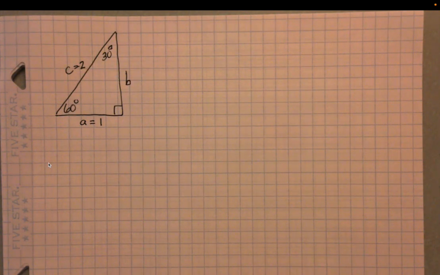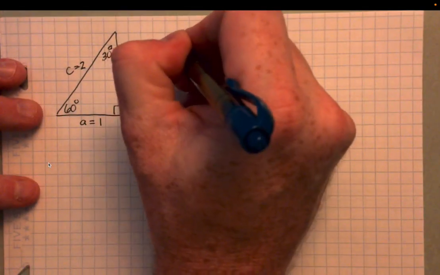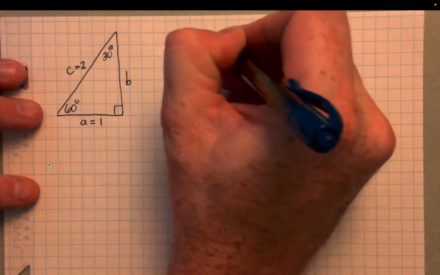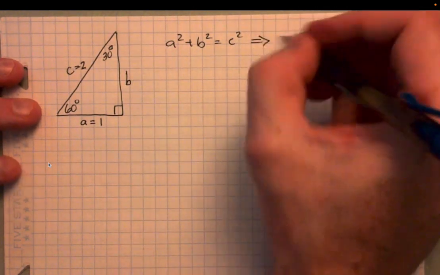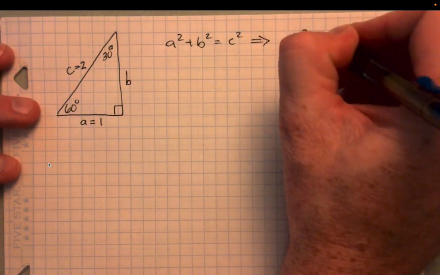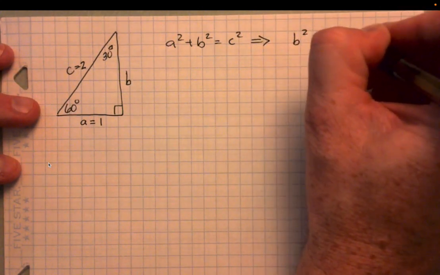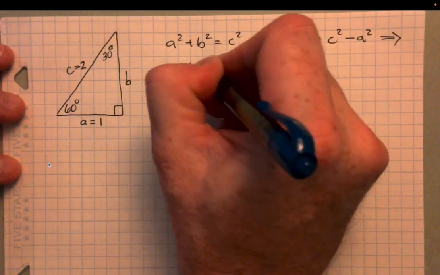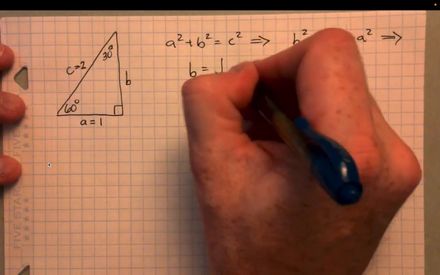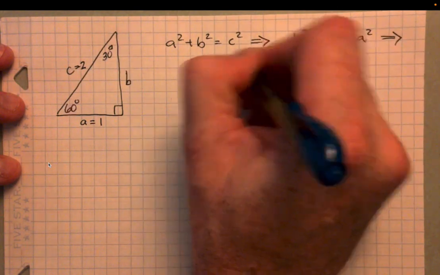So once we have 2 of the 3 sides of a right triangle, we can easily find the third using the Pythagorean theorem. So A squared plus B squared equals C squared. This time we need B. So I'll do a little algebra here, and I can see that B squared will be equal to C squared minus A squared, and B will be equal to the square root of C squared minus A squared.